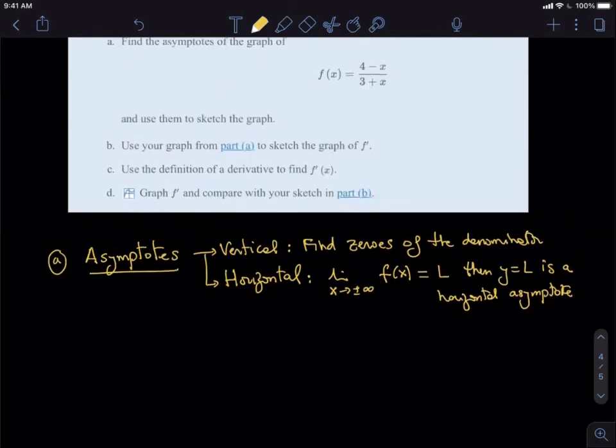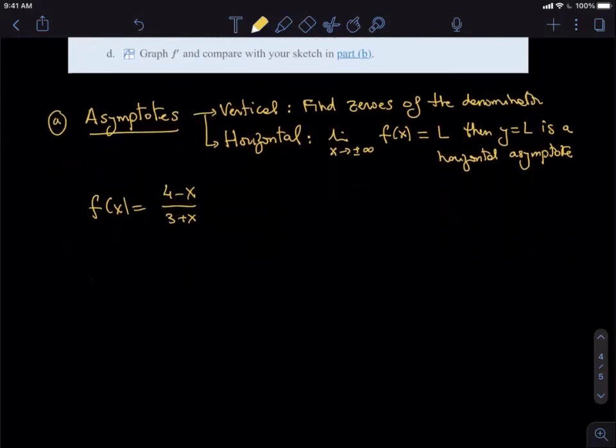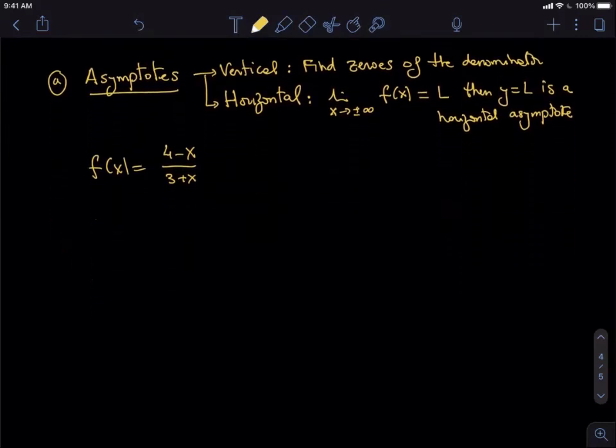All right, so in this case, we have f of x, which is (4 minus x) divided by (3 plus x). And that gives a vertical asymptote, which is x equals -3.